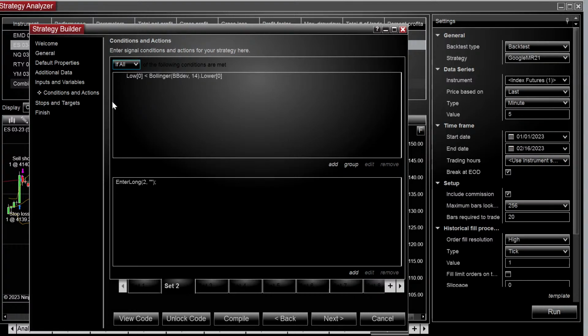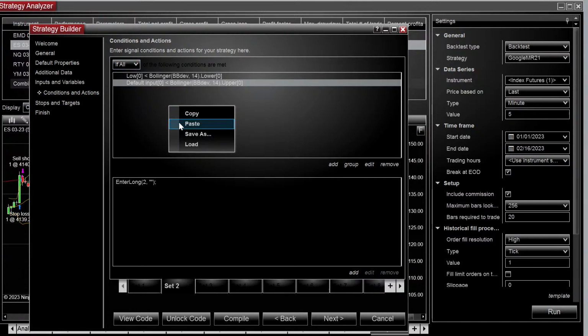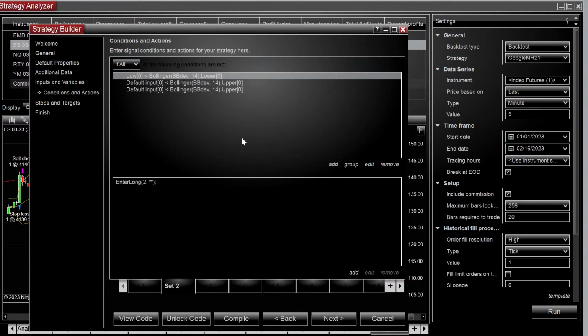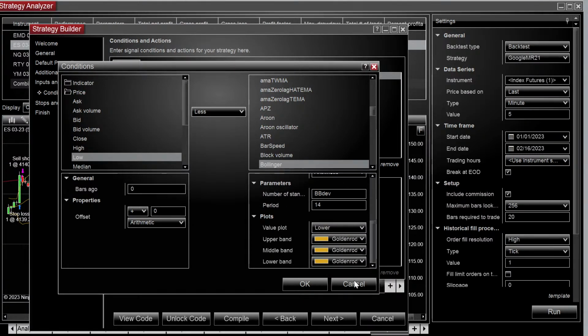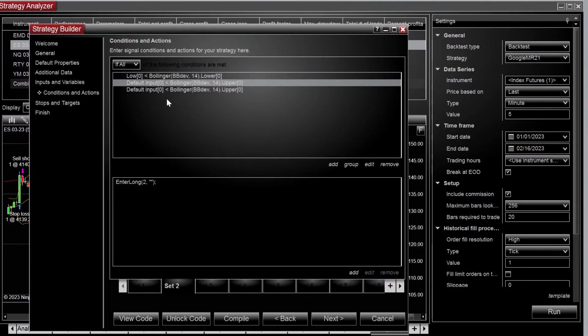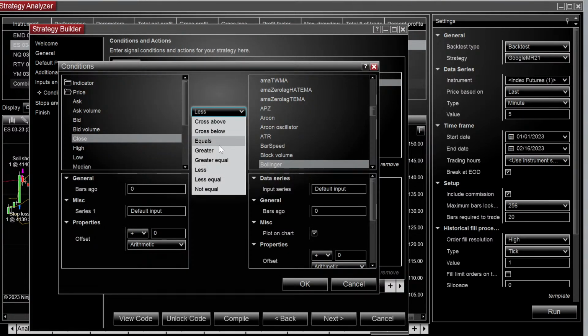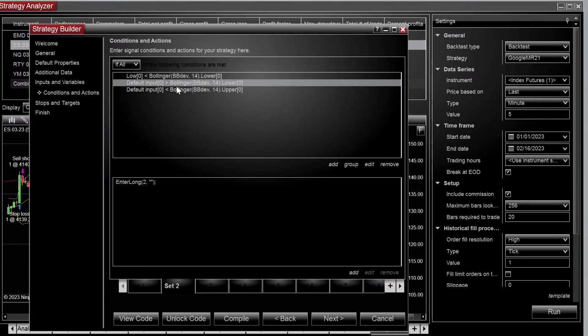So for the opposite, I'm gonna say the low is less than the lower band. The close is greater than the lower band.